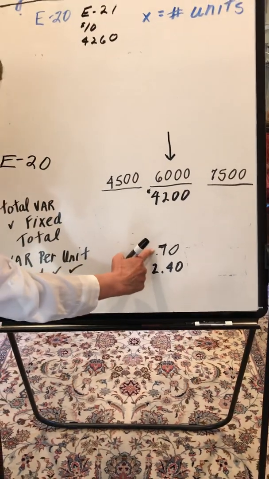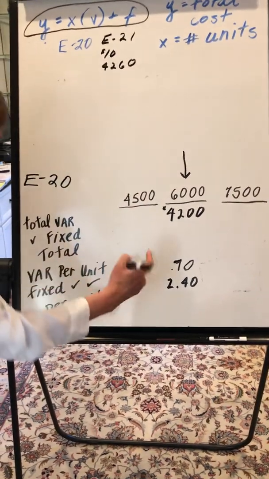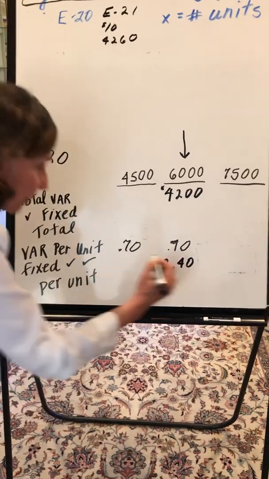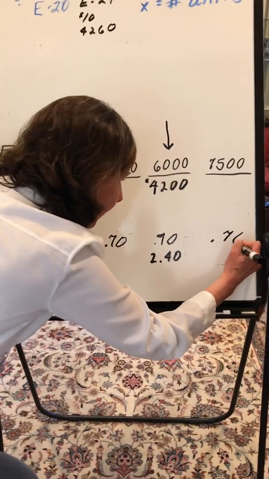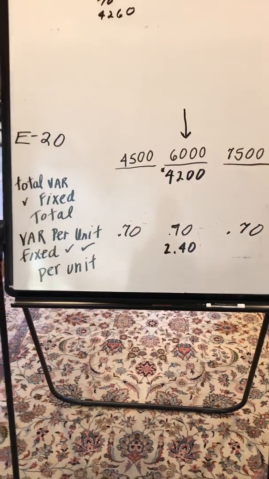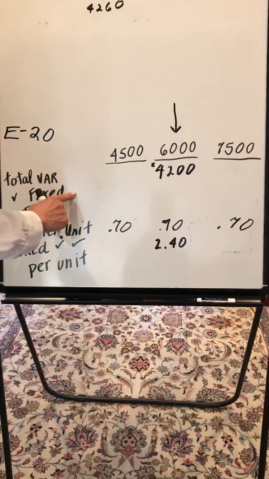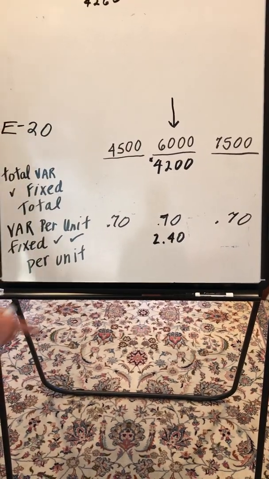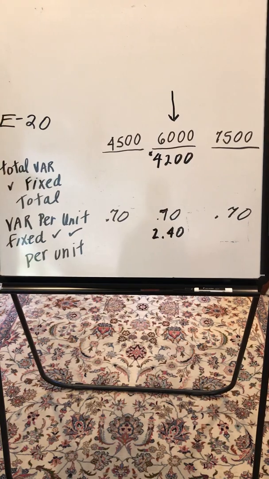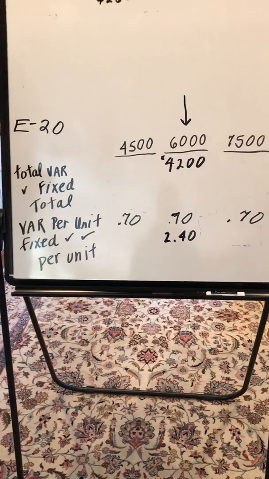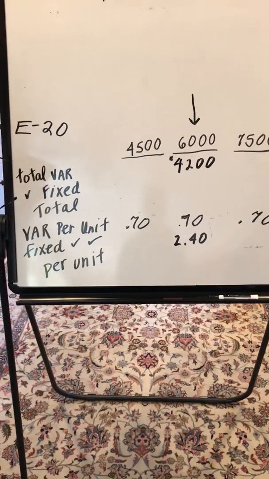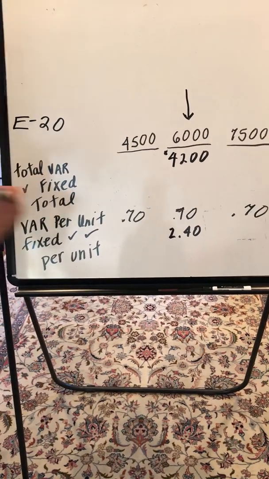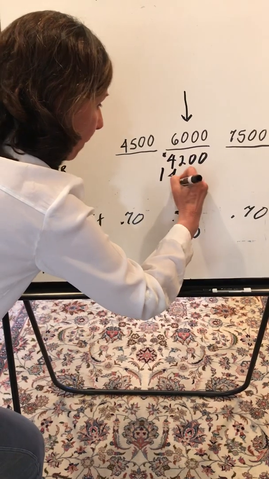By the way, now we know the variable cost per unit, no matter what, is always going to be 70 cents, so we'll put that here and here. What are the fixed costs in total? For 6,000 units, the fixed cost per unit is $2.40, so 6,000 times $2.40 is $14,400.